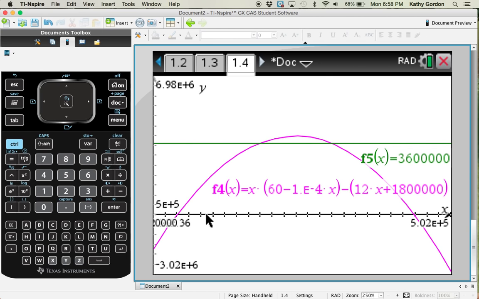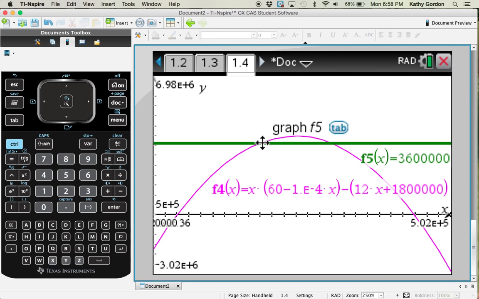So here's what's happening now. The pink represents our parabola that we get when we take the revenue minus the cost, right? That's what we have here. The green represents that 3,600,000 threshold we're trying to make.